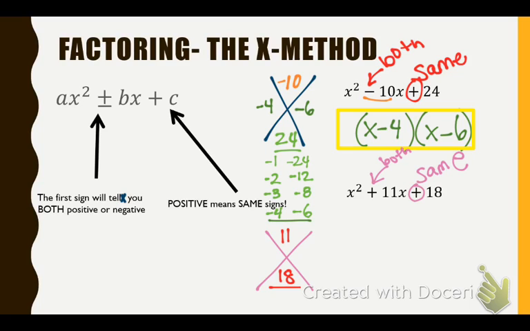We start with 1. 1 goes in 18. How many times is 2? 9. And how many times is 3? 6. Does 4? No. Does 5? No. So which one of these adds up to 11? 2 and 9. They multiply to 18, they add up to 11. So we have x plus 2 and x plus 9.